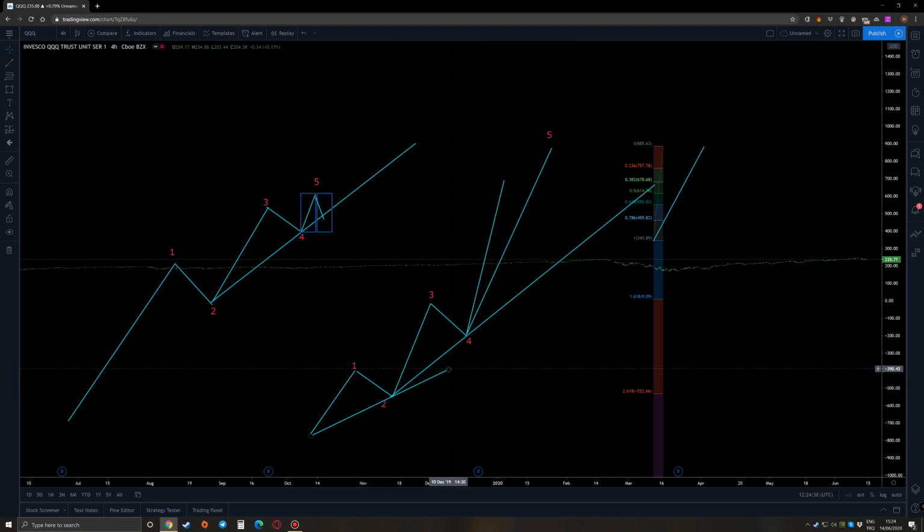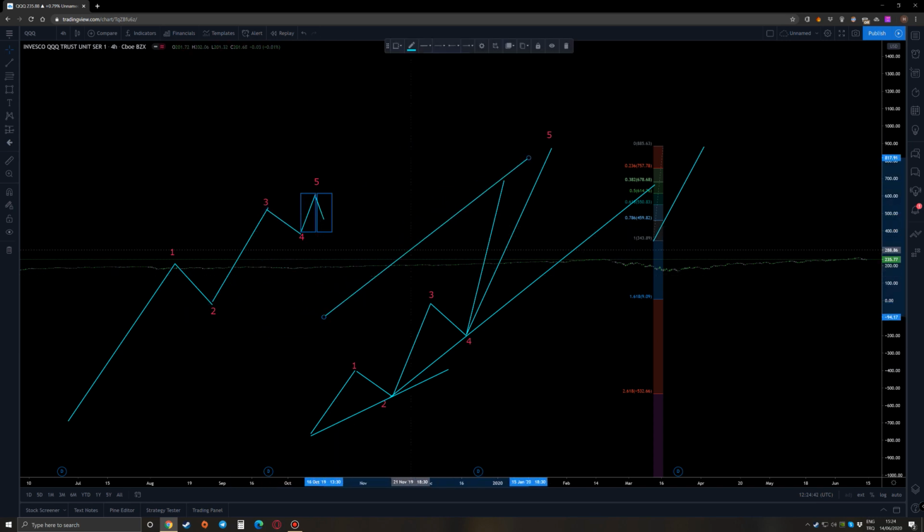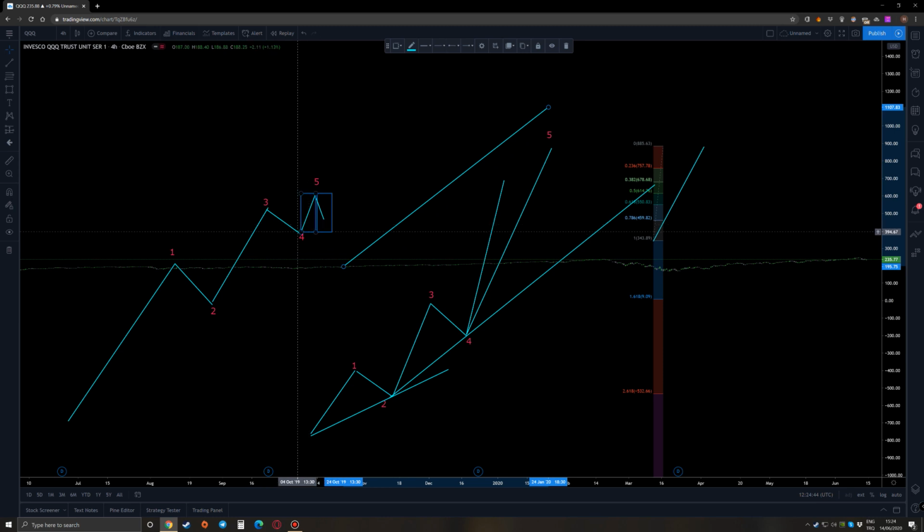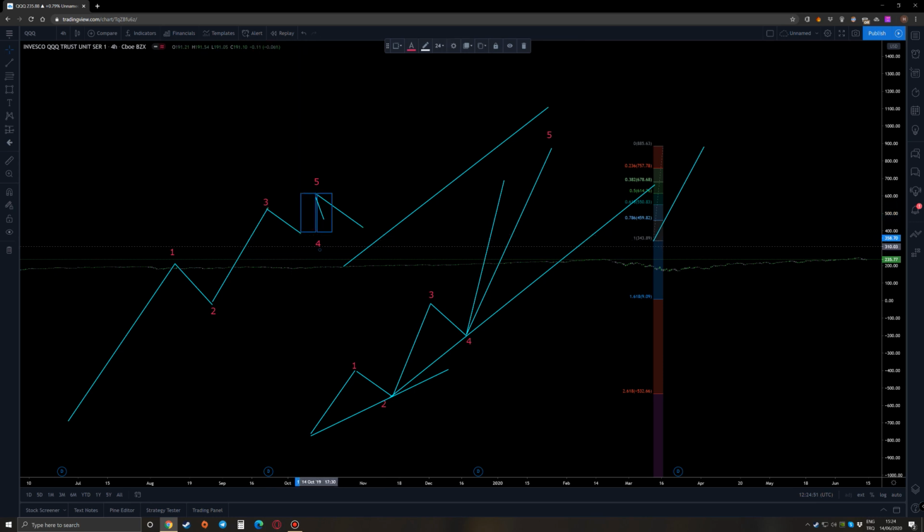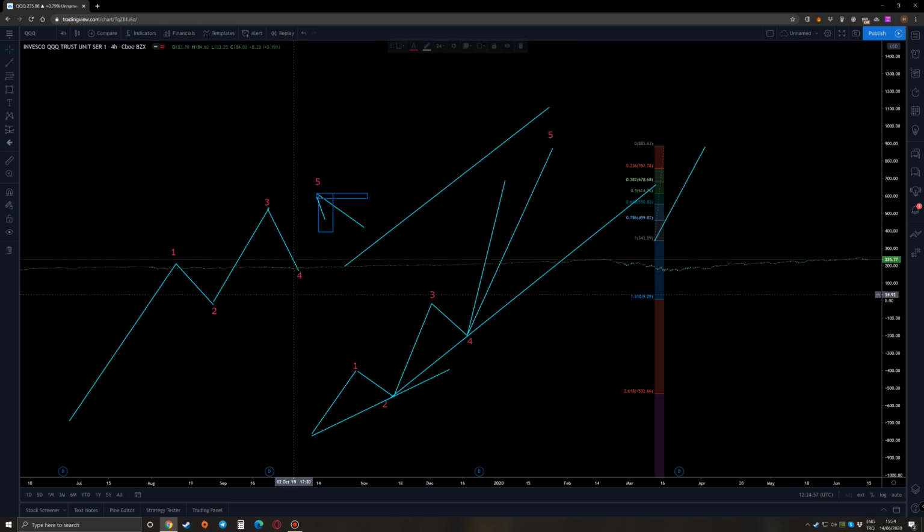Also, the other important rule is that your fourth wave can never come into the territory of the second wave. So what does it mean? If you have a fourth wave that is doing something like this, coming down, down, down here, you cannot label this as a fourth wave, because it came into the territory of the second wave.